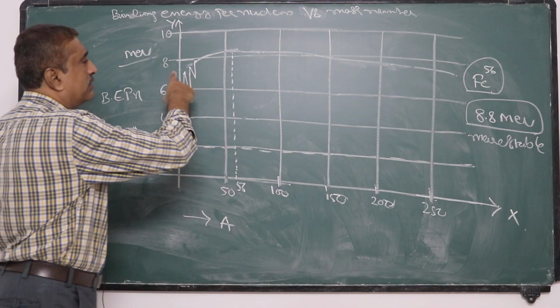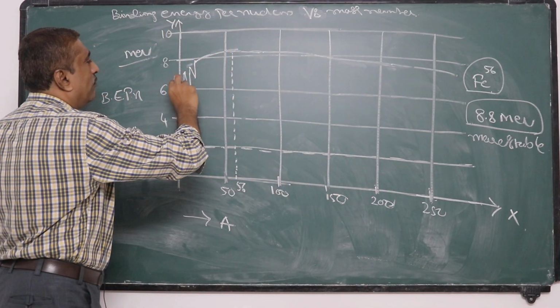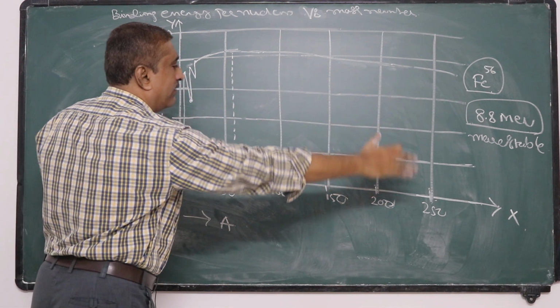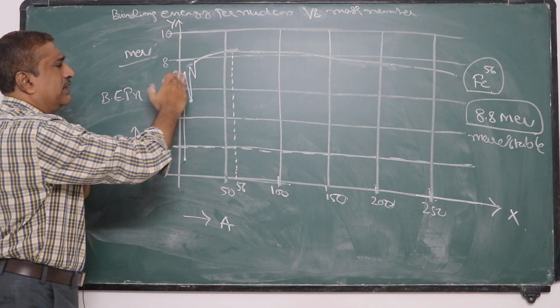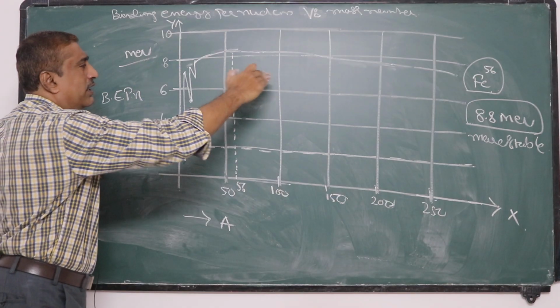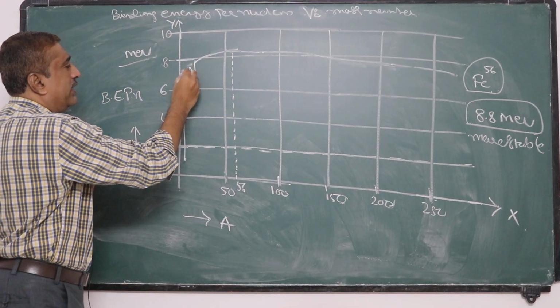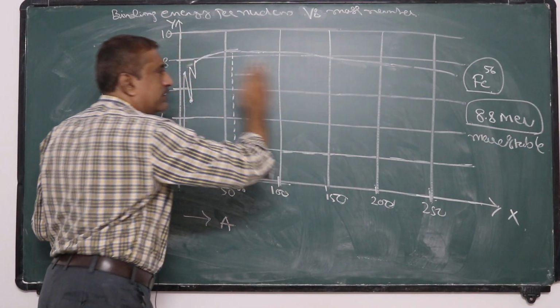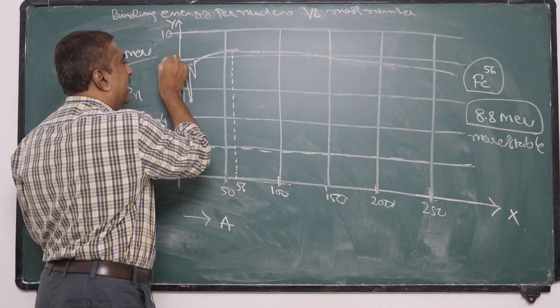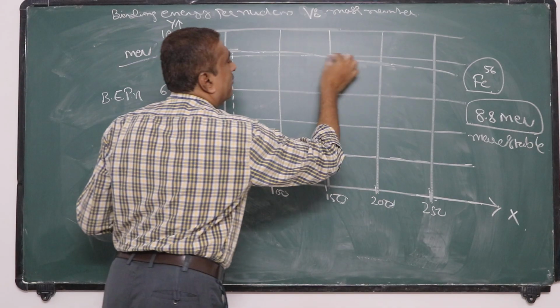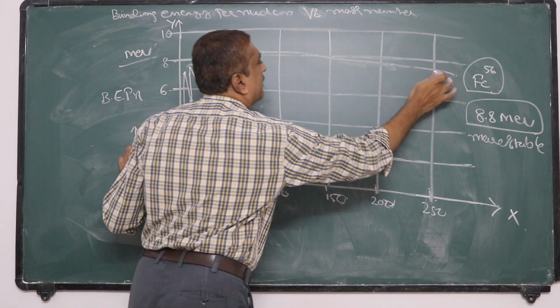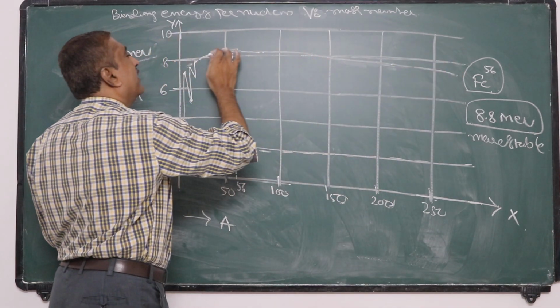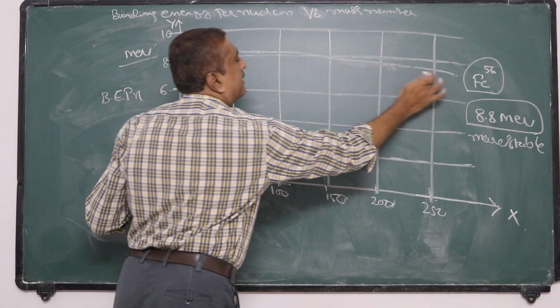Next, if you observe the graph, all the nuclei have a binding energy in between. Most of the nuclei have binding energy nearly equal to 8, either slightly greater than 8 or slightly less than 8.